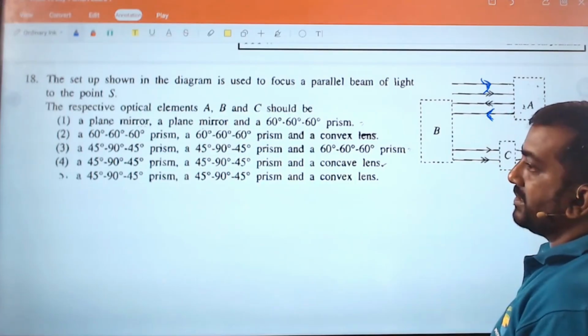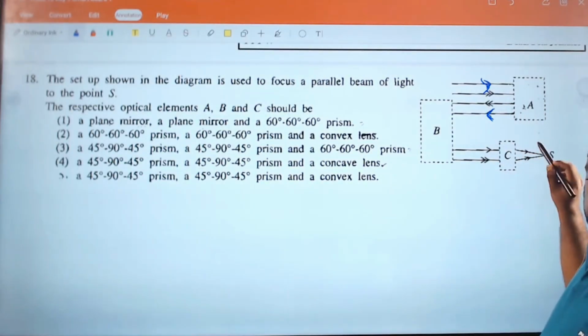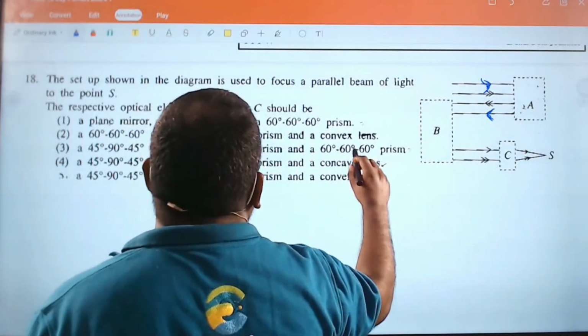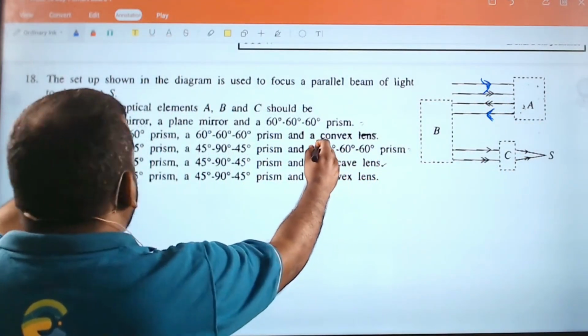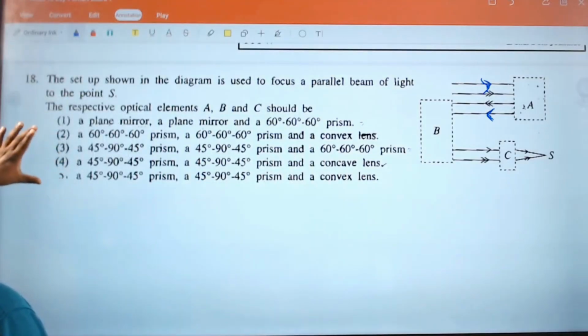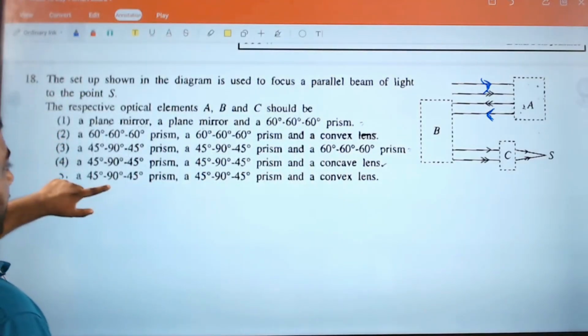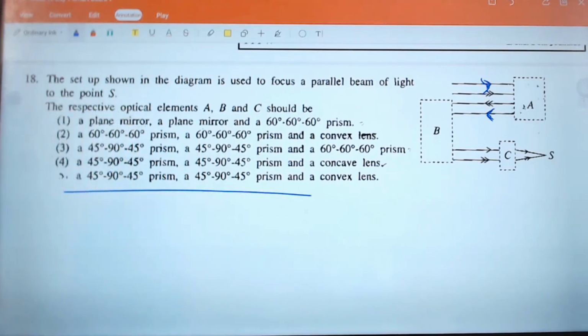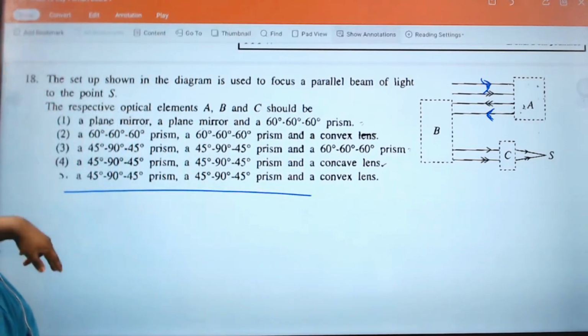Right angle isosceles. Here, converging. Converging means convex lens. Even if you don't know anything else, here the option is between 2 and 5. Right angle isosceles is there here. Correct answer is answer number 5.